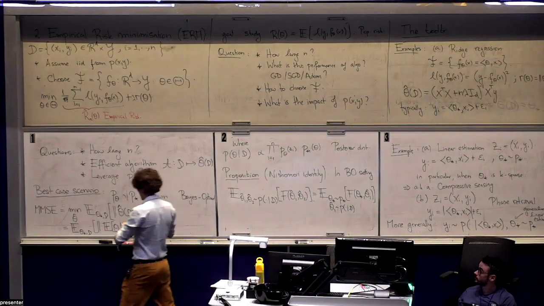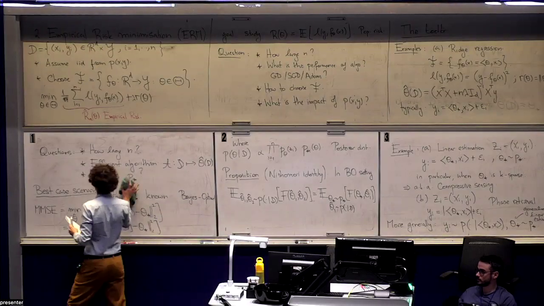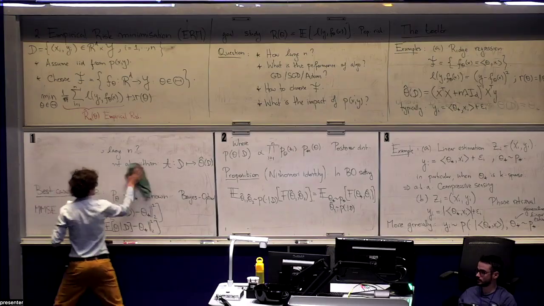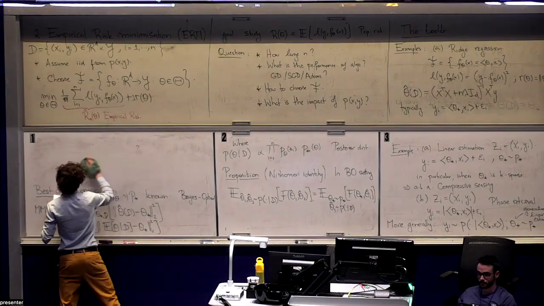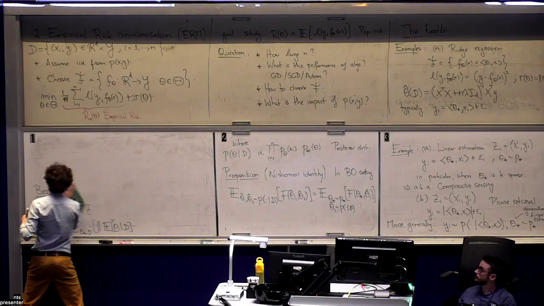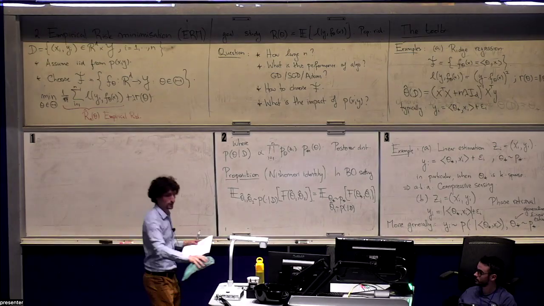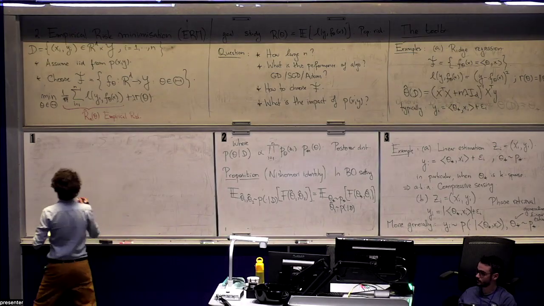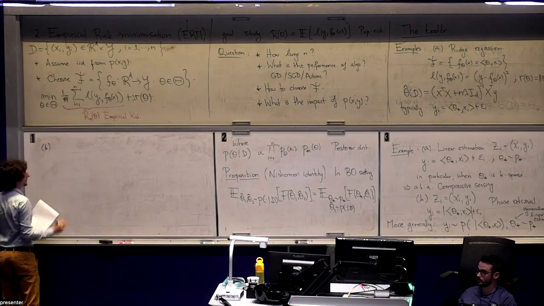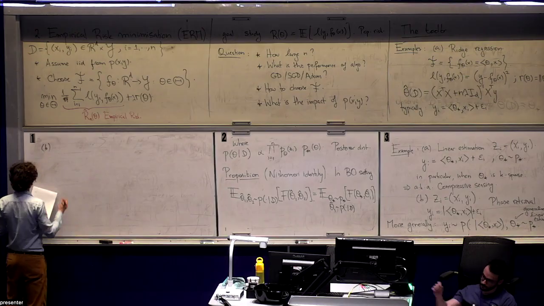Let me give you another example. That's also an example that has appeared before, I think yesterday in Mato's lecture, which is logistic regression. So a little bit harder, not as simple as ridge, but it's still simple enough.